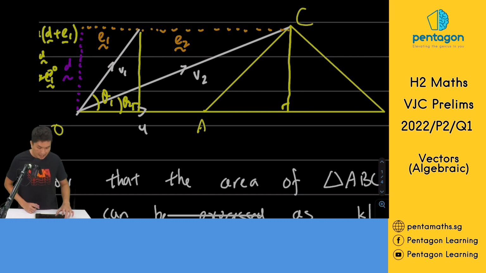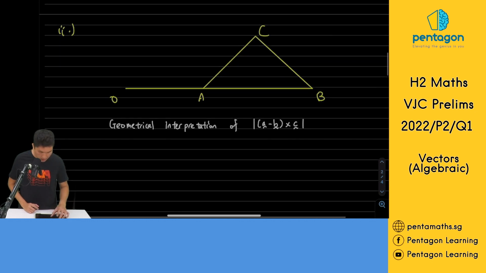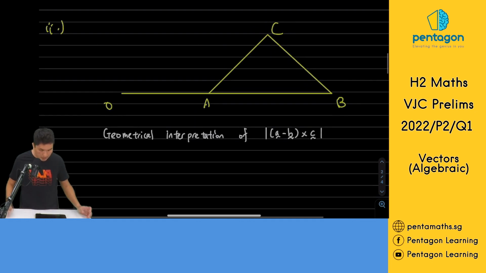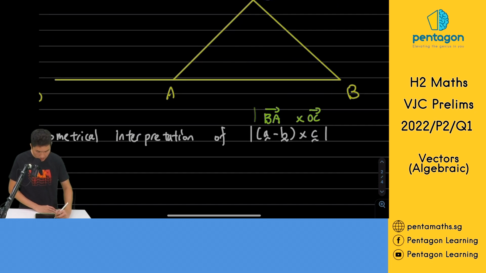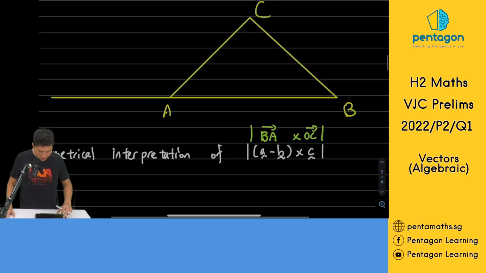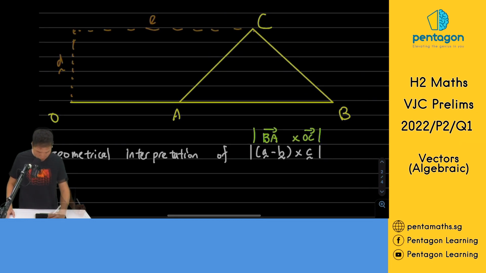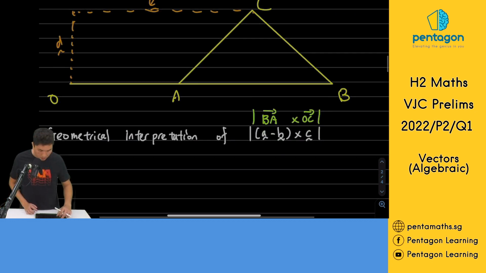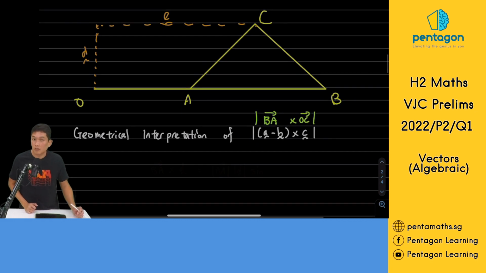And that is going to help us in part 2. Part 2 is asking for a geometrical interpretation of modulus A minus B cross C. First of all, what is A minus B? This is as good as finding the magnitude of BA cross OC. Now, from what we know just now, BA cross OC is as good as just BA cross D. So maybe you want to look at the definition of cross product.